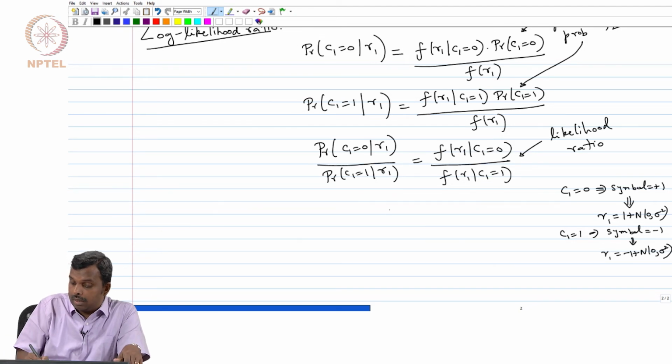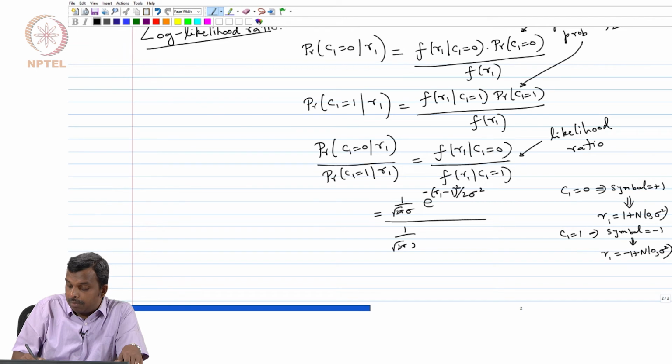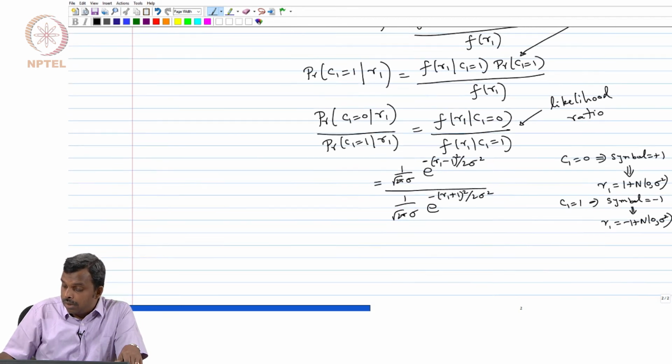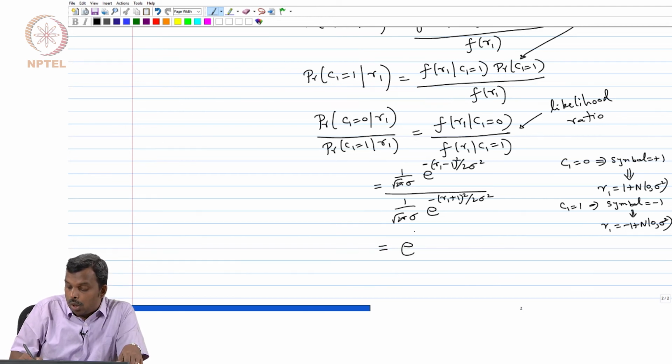So this ratio will work out as 1 by root 2 pi sigma, this is the normal density, with mean +1 on the numerator: e power minus (R1 - 1) whole squared by 2 sigma squared, divided by, for the denominator, e power minus (R1 + 1) whole squared by 2 sigma squared. One can simplify this. I'm going to skip the simplification a little bit. You will get overall e power 2 R1 by sigma squared.